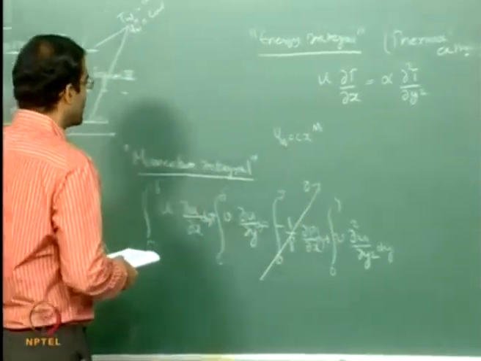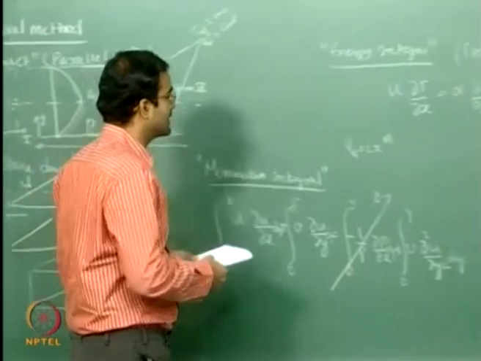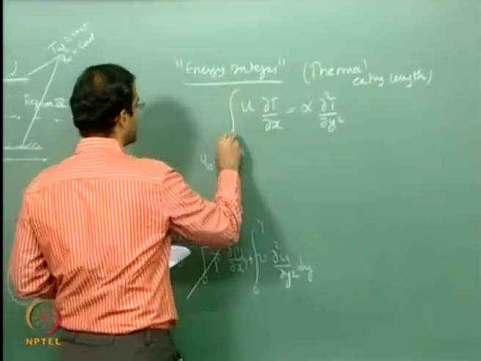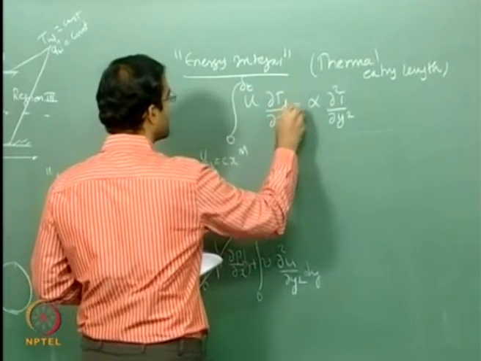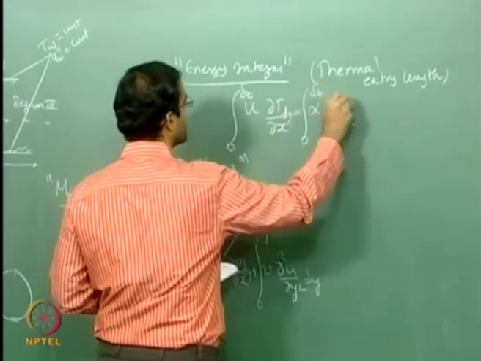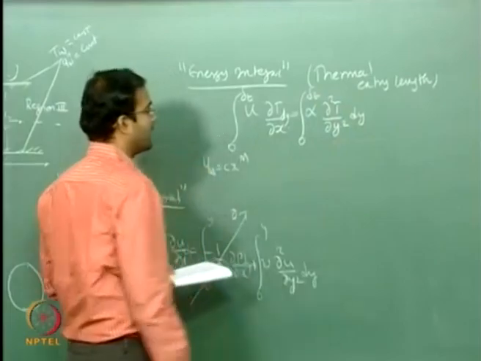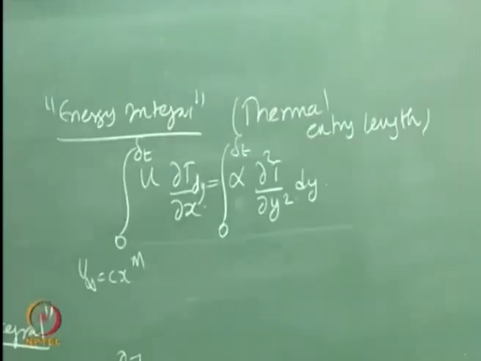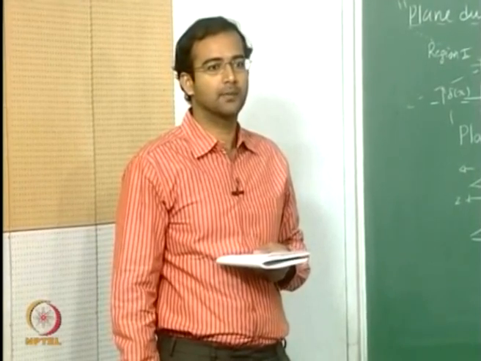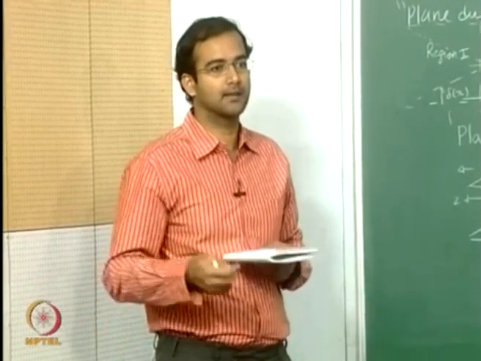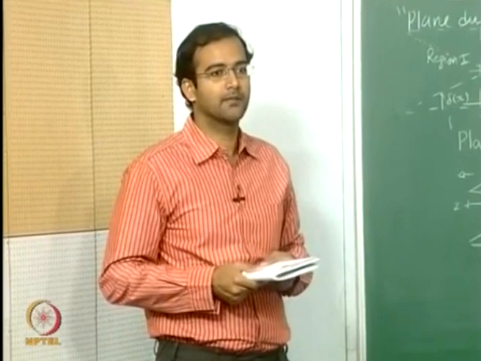In that case you can integrate this from 0 to delta t, and once again this is very similar to your flat plate energy equation, in fact even much simpler than that. You do not have your V dT by dy term, so that becomes much easier to handle than the flat plate case.